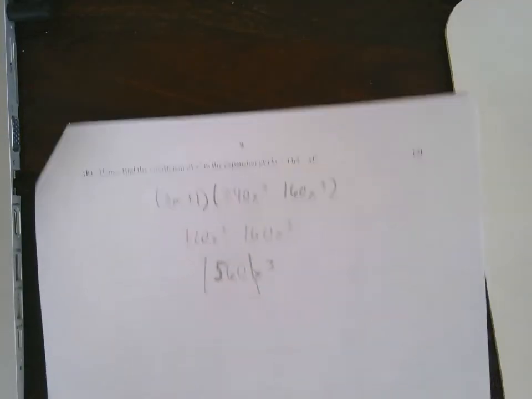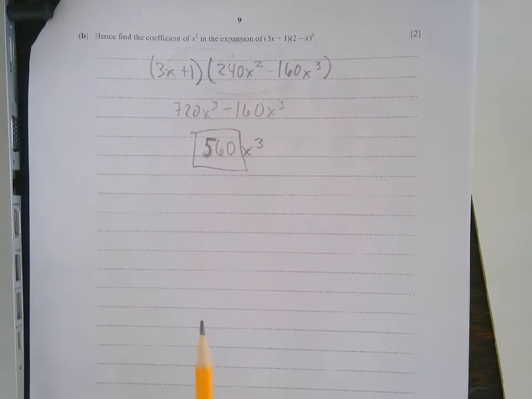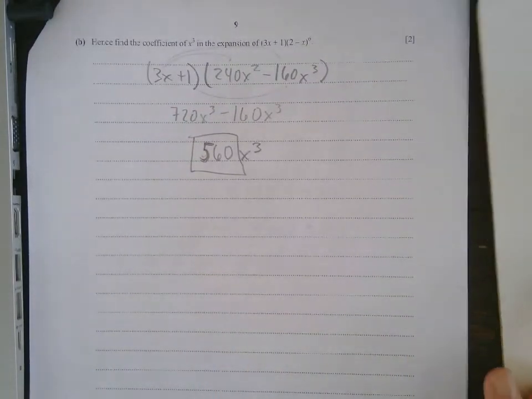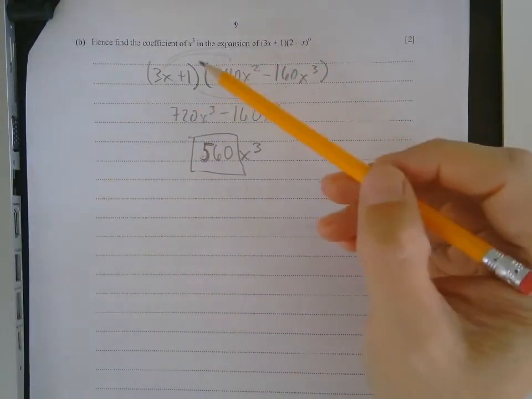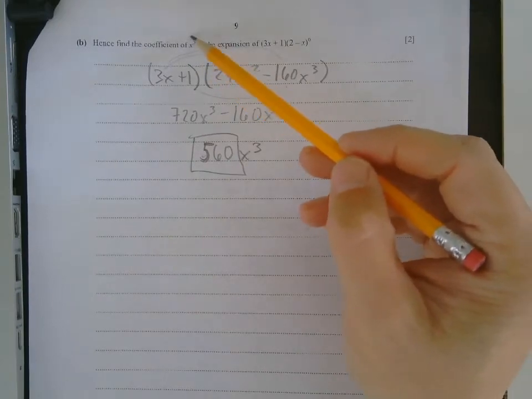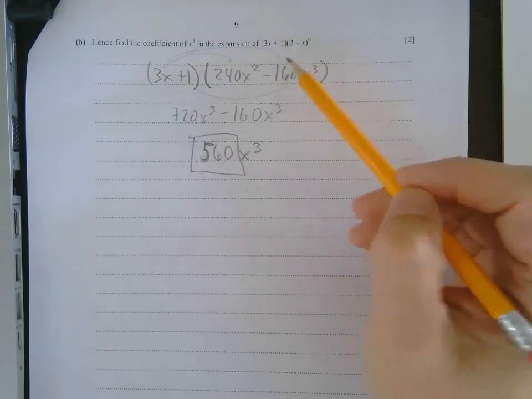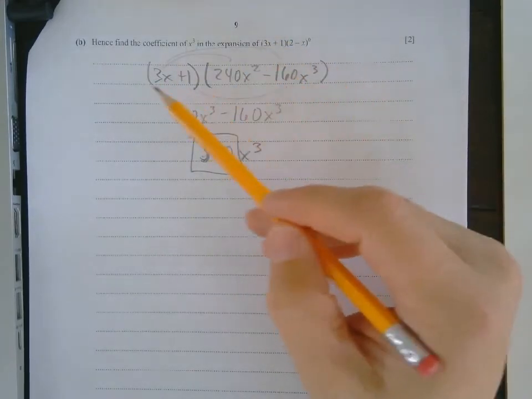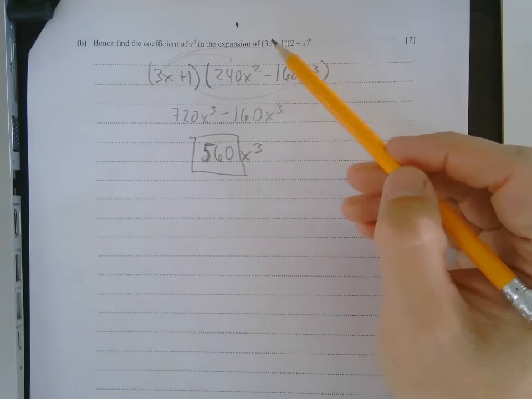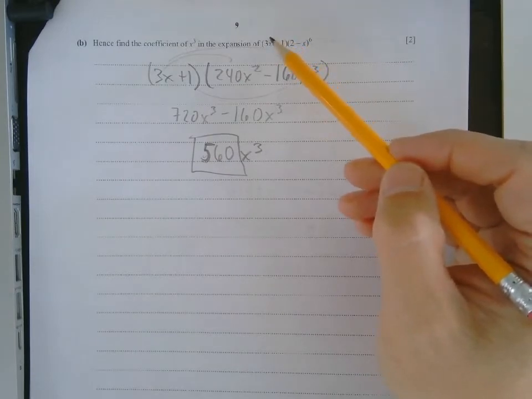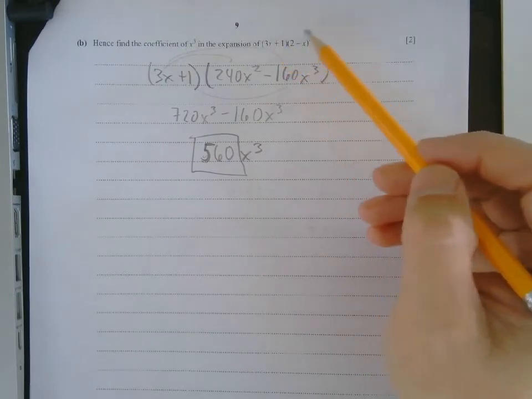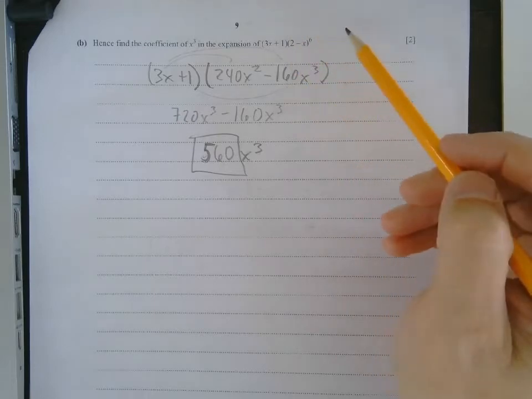Okay, for part B, we want to figure out what is the coefficient of x cubed when we do this expansion. So in this case, we've got a 3 to the x that's going to get multiplied in, and we've got a 1 that's going to get multiplied in.